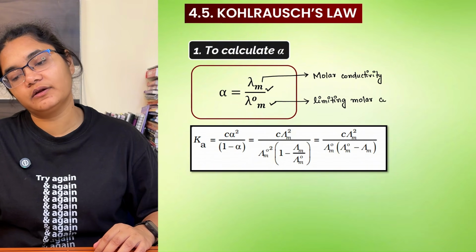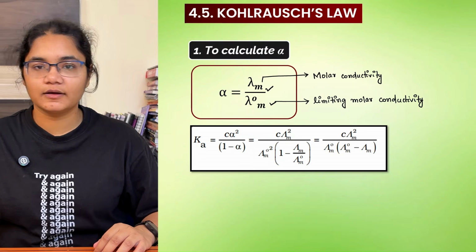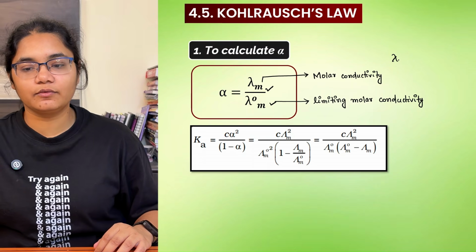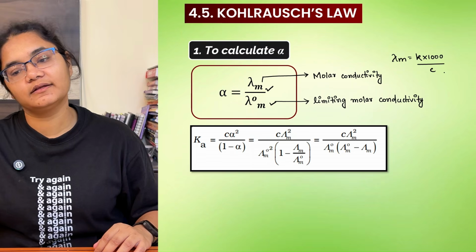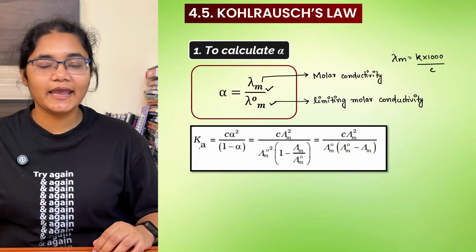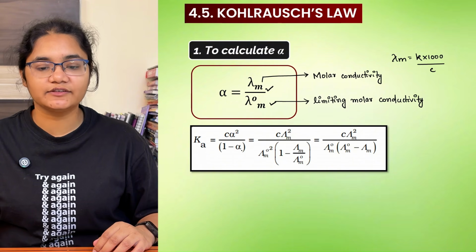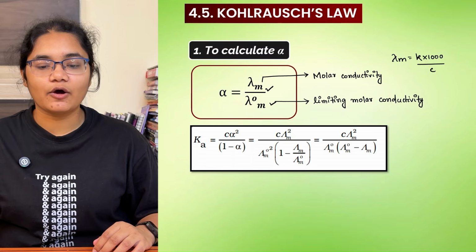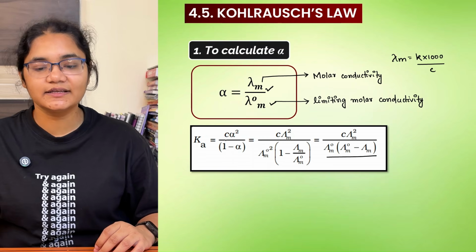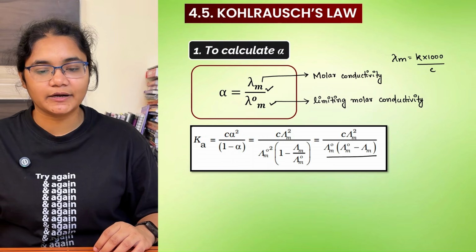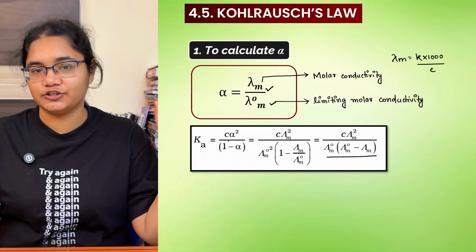Here lambda m is equal to kappa into 1000 by C. Now Ka value is equal to C alpha square by 1 minus alpha. If I substitute alpha as lambda m by lambda naught m, then I'll get an equation like this. So you can directly calculate alpha separately and substitute here. So it is also used to calculate the acid dissociation constant value.